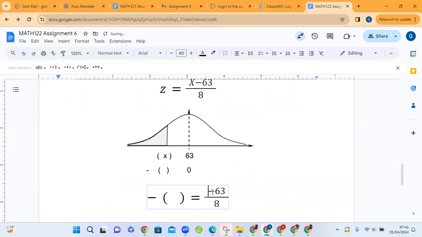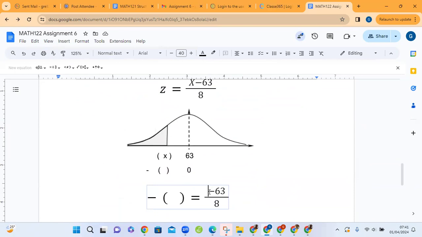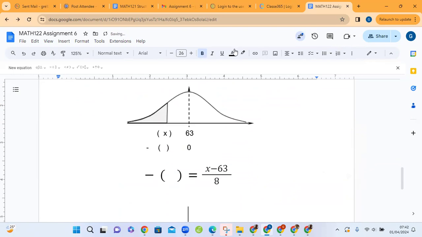By the way, this should also be lowercase x, in italics. So you simply continue with this.